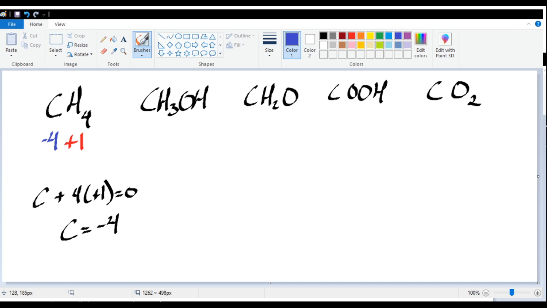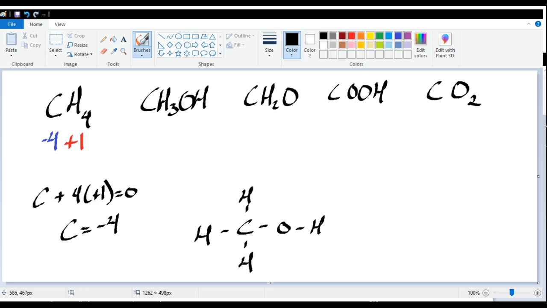We come over here to methanol, slightly more complicated. If you're wondering about the structure, you have carbon bound to 3 hydrogens and 1 oxygen. And then there's a hydrogen on the other side of the oxygen.